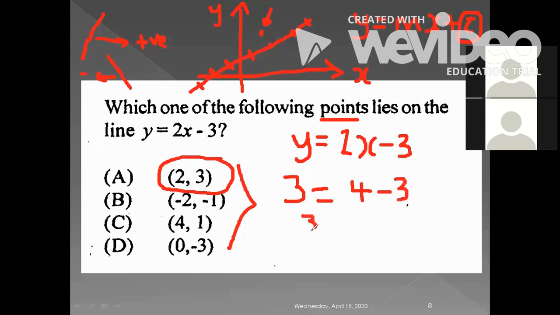And 4 subtract 3 is what? 1. It's just 1. All right. Now, is this statement a true statement? No, that's not true. 3 cannot equal 1. 3 has to be equal to 3. So the left hand side is not equal to the right hand side. So hence, it cannot be the answer.